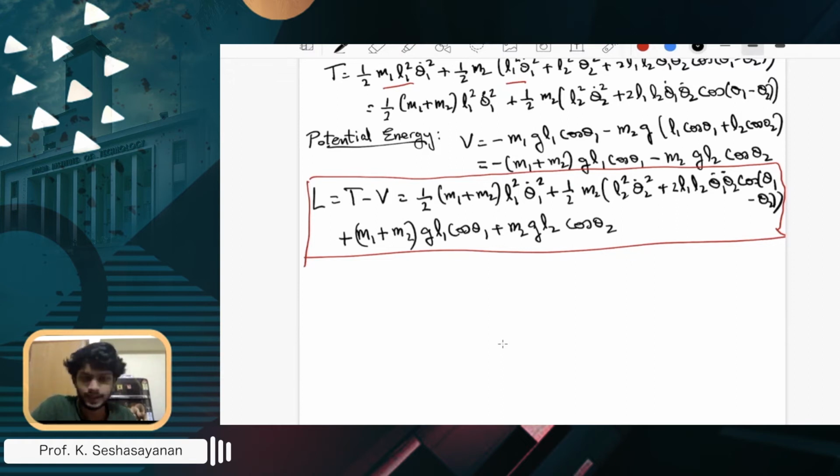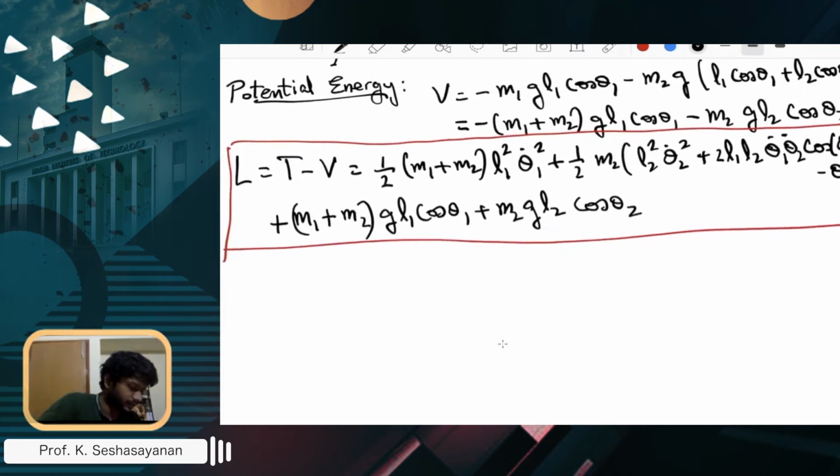Here, once we have the Lagrangian, the equations of motion are much simpler, which comes from the principle of least action, or the Lagrange's equation of motion. And what we get from that is that, since we have two generalized coordinates, we can do minimization over these two coordinates, and we get two equations of motion.